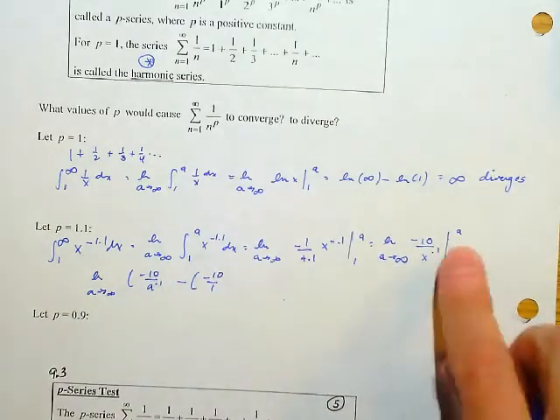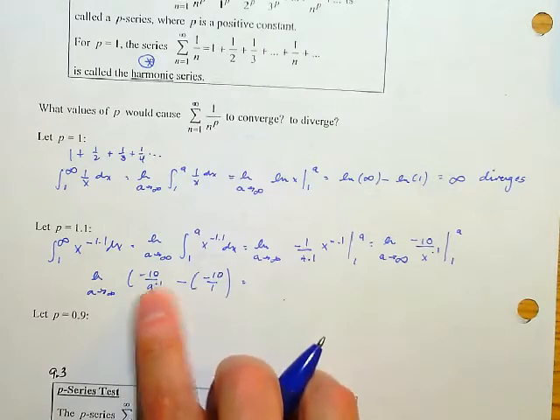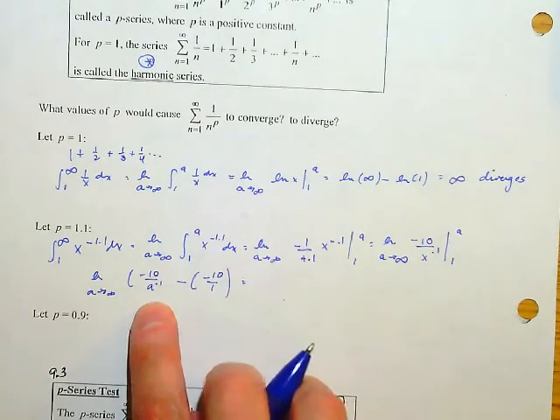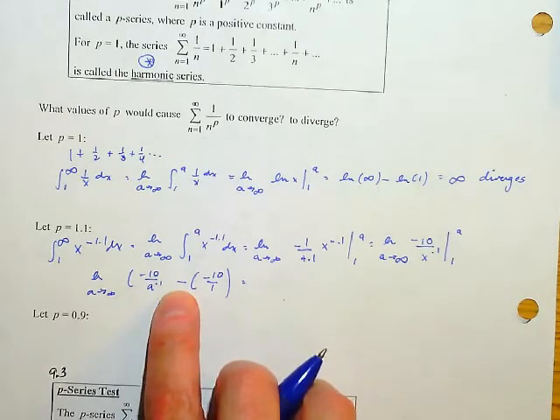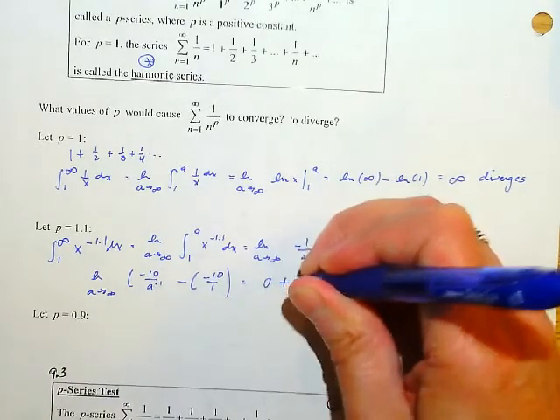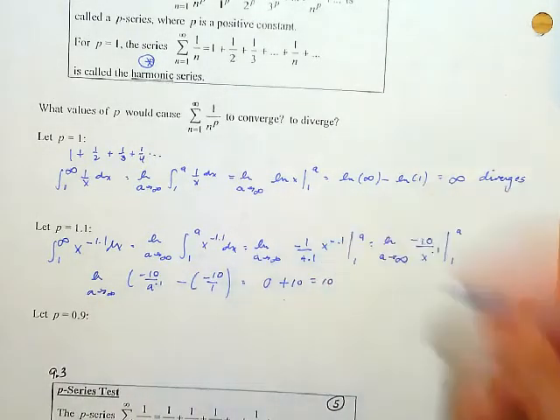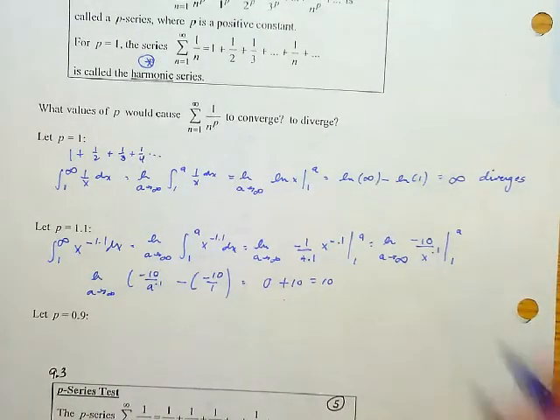Right, plugging in a 1 because 1 to any power is handy. That's 1. Okay. This is going to be negative 10 divided by a very large number, even though it's the 0.1 power, right? So that's going to be 0 minus negative 10, right? Because negative negative makes that 10. That equals 10. Okay. That converges.